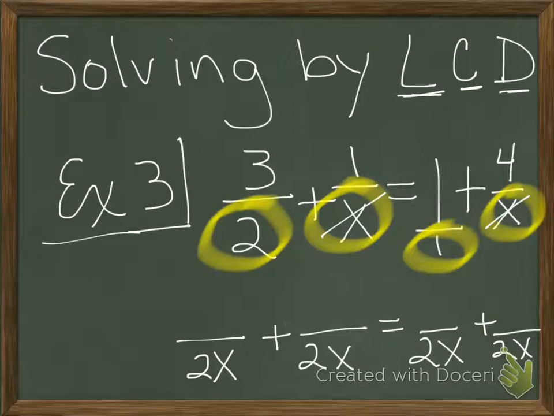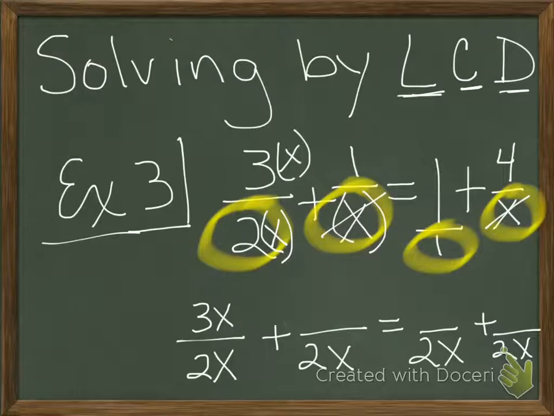Then I just need to see what do I multiply by. For 3 over 2, down in the denominator I have to multiply by x to make it be 2x. So I multiply by x in the top, so that makes it be 3x. For x, I need to multiply by 2 to make it be 2x, so I multiply this numerator by 2, and 1 times 2 is 2.